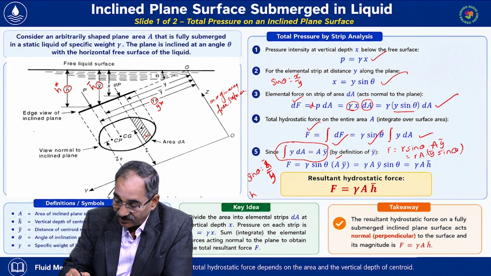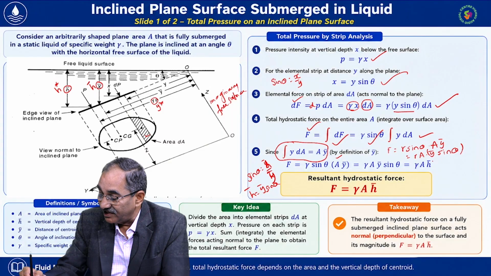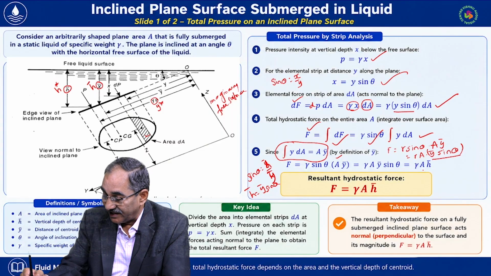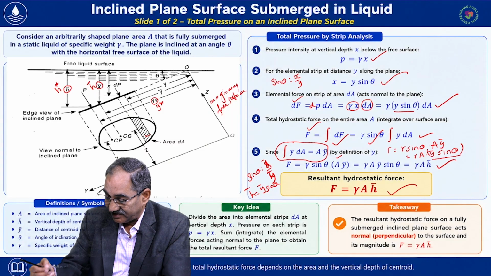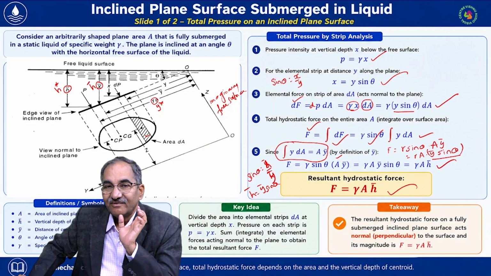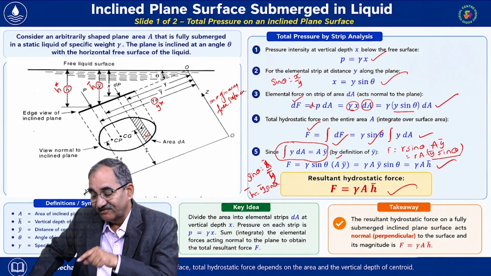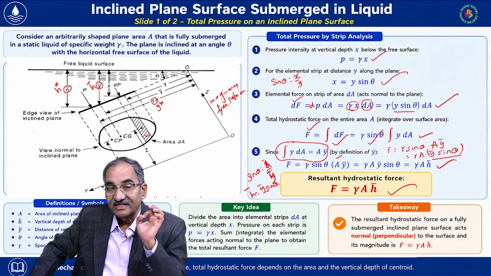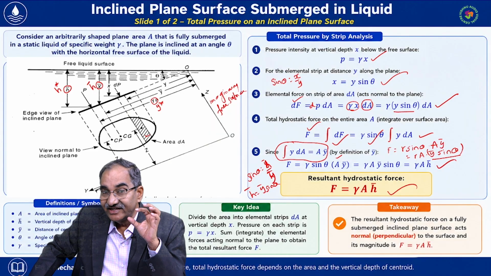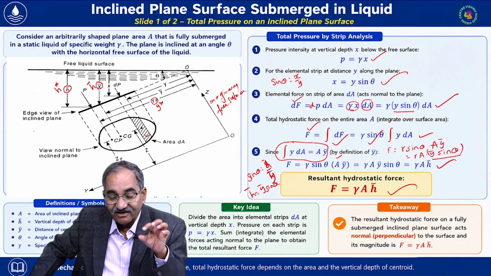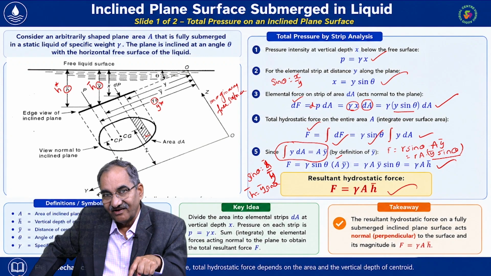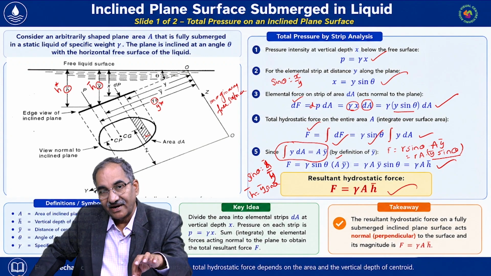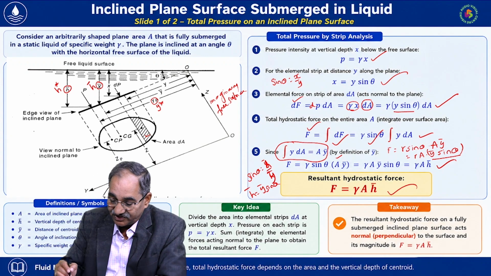Therefore h bar is equal to y bar sine theta. Now replace this y bar sine theta by h bar, so we get gamma A h bar. So for an inclined plane surface or vertical plane surface, the force is gamma A h bar. h bar is the vertical distance from the free surface to the center of gravity. That you should remember.